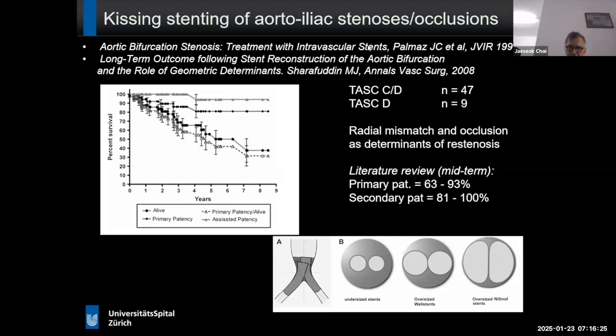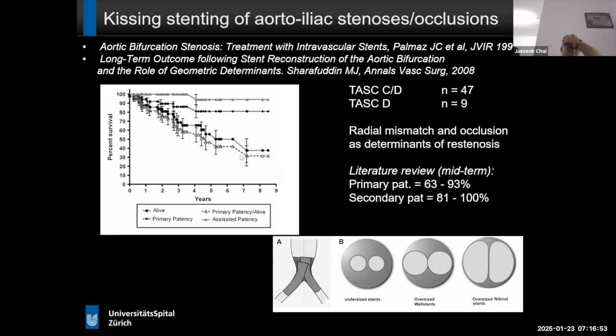Overall, with stenting in class C and D patients, primary patency, that's the initial patency post-interventional, is between 60 and 93%, while the secondary patency rate, that means when there is restenosis, you reballoon it, and so you can re-achieve patency, is up to 100%.